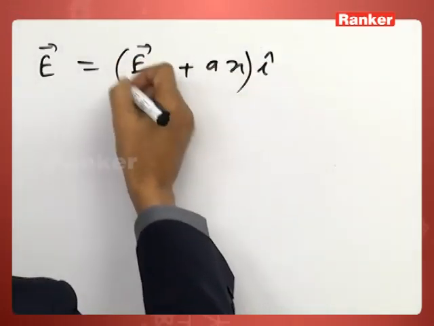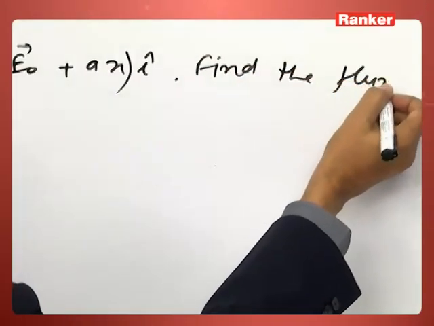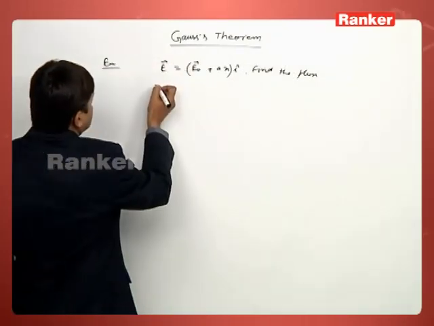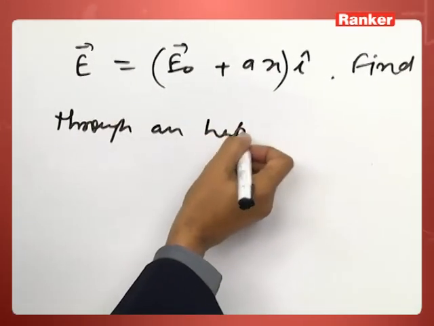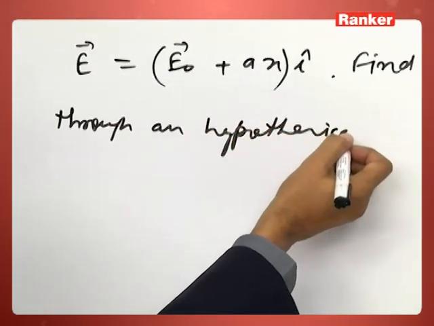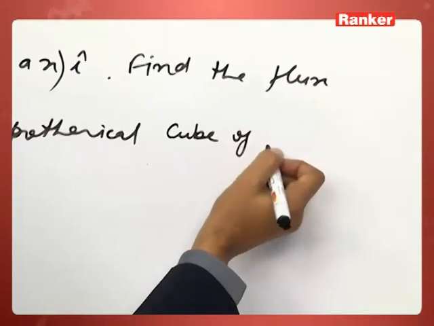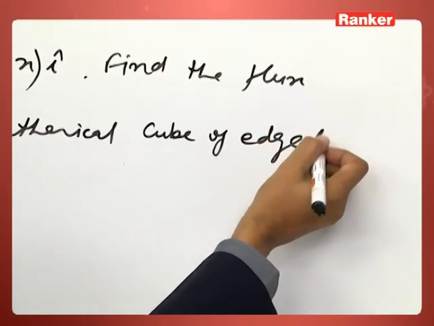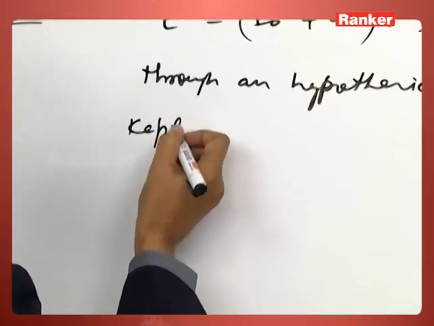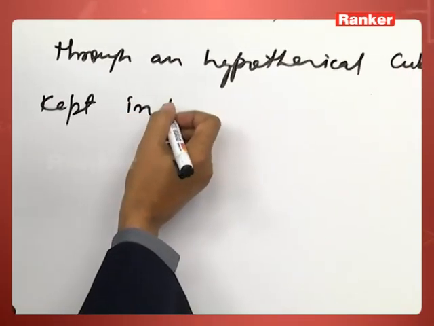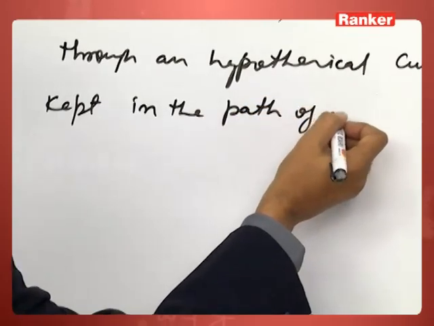So find the flux through a hypothetical cube of edge L kept in the path of the electric field.